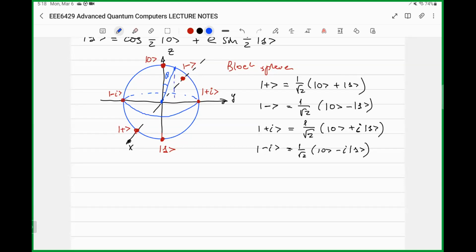And the angle phi is the angle from the positive direction of axis x in the xy plane. So basically, theta and phi are exactly the spherical coordinates that we use in math analysis.